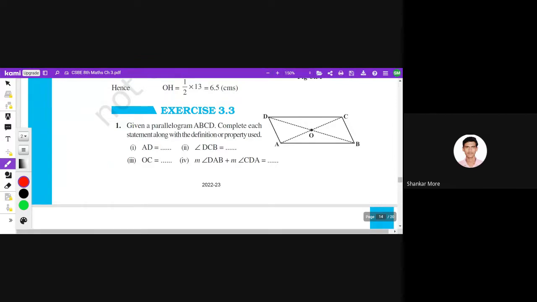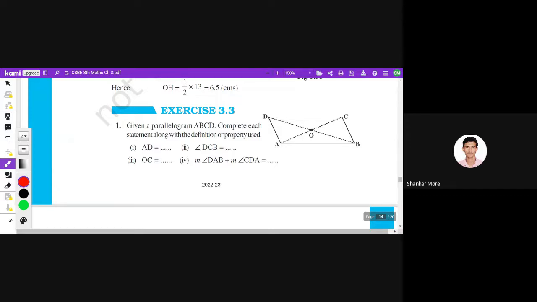Angle DCB is equal to which angle? DCB is equal to angle, not adjacent angle. It is going to be DAB and it will be again opposite angle, not adjacent angle, right? Yeah, DAB and it is opposite angle.